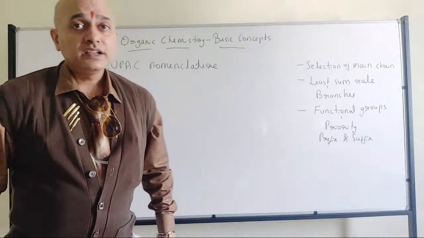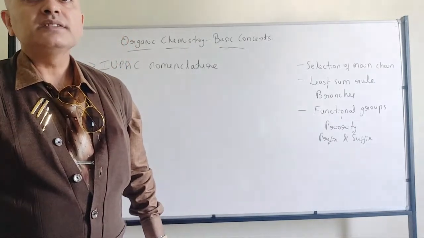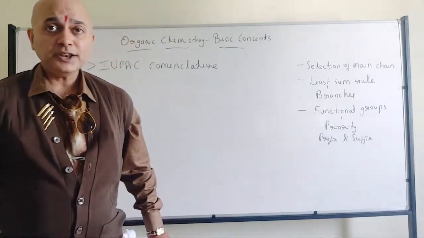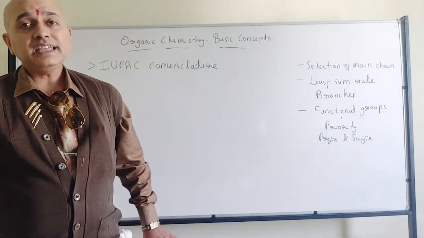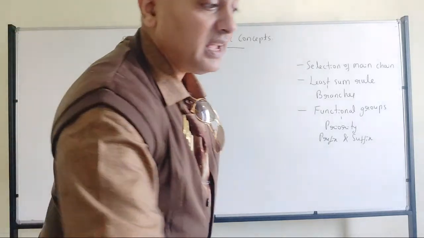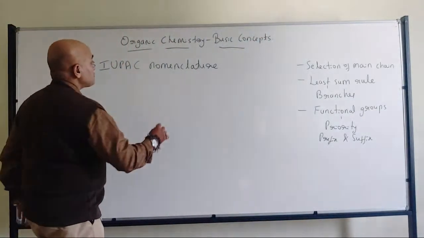Fine. Tomorrow and the day after tomorrow, I think you are going with some more examples with respect to IUPAC nomenclature. Now we are going with the classification of a given molecule based on isomerism.